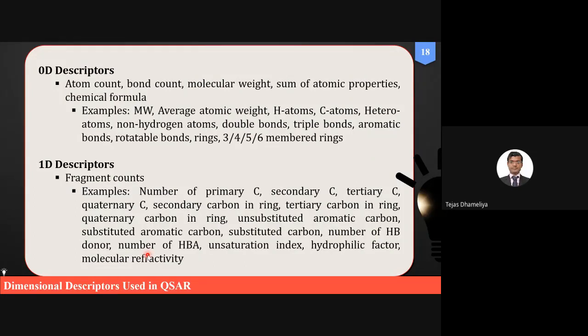So what are these dimensional QSARs exactly? If I say, for the sake of simplicity, zero-dimensional descriptors. Zero dimension मैंने क्या बोला? Zero dimension में मैंने बोला just dot. Molecule को as a dot क्या represent कर सकते हैं? So molecule को हम as a dot represent कर सकते हैं as a form of atom.